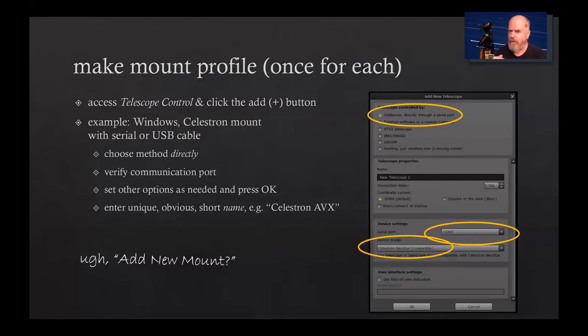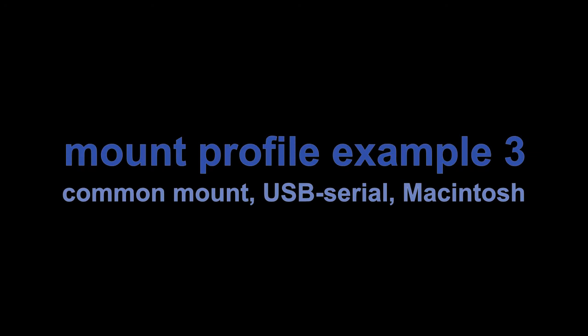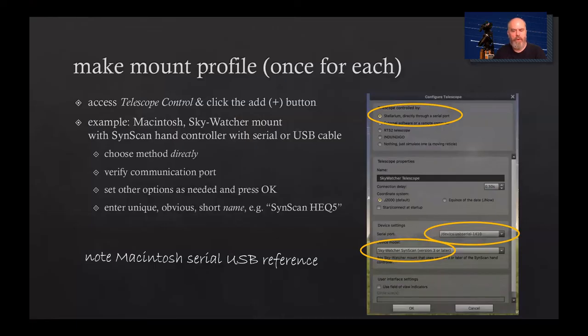And mine is an ASCOM pathway that I have to go. So the snapshot that I'm showing you here is a basic one where we're doing direct internal support using one of the built-in drivers. And we talked about that a long time ago, way at the beginning. On the Mac, here's what we would see if we're going to directly connect our mount to our Macintosh. Maybe we have a USB serial adapter and we have a SynScan hand controller.